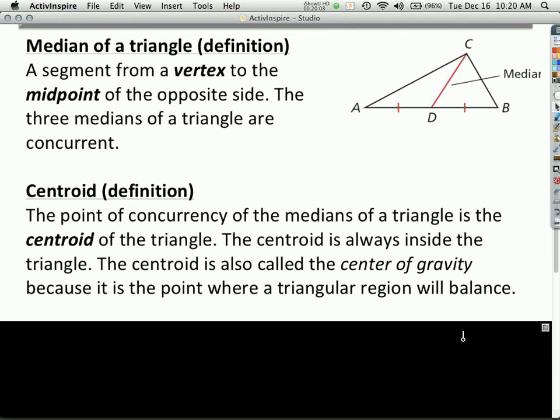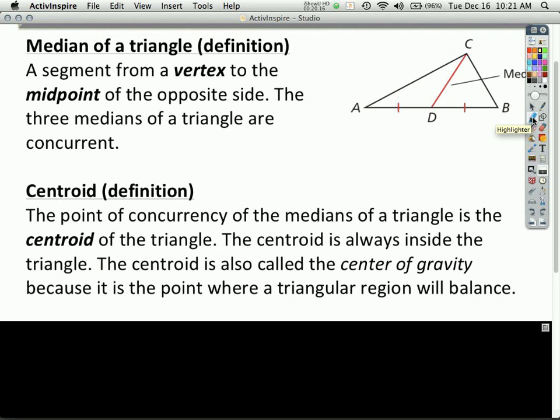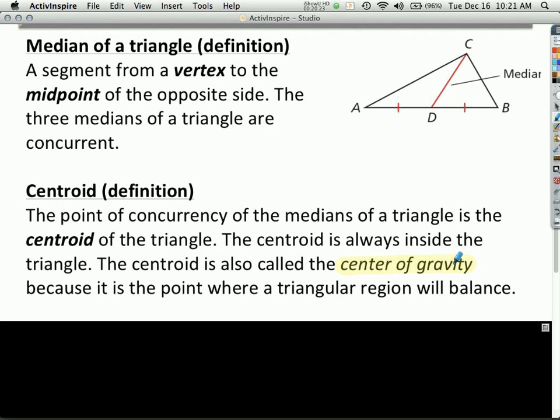Incenter was always inside the triangle. The centroid is always inside the triangle. And the centroid is a very useful point because it actually functions as the center of gravity for the triangle, which means that you can actually balance a triangle perfectly on that one point.